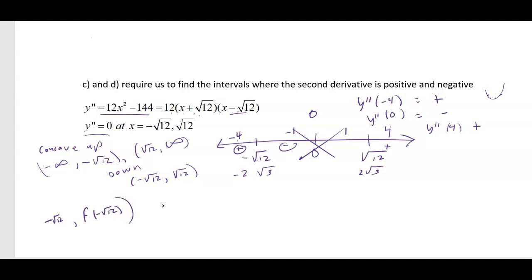You would go back into the original function to find what that y value is, and root 12, f of root 12. That would be where the inflection points are on the function. On the function, you get that twisting from concave up to concave down, and then concave down to concave up at root 12. I didn't draw that in the right place on the line there.